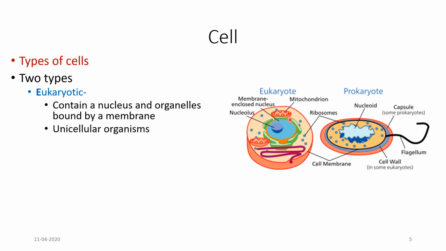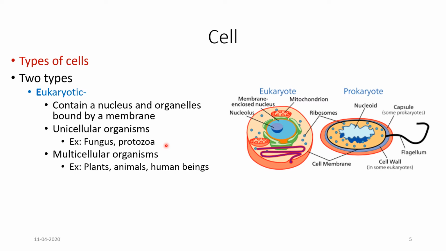The examples for eukaryotic cells can be unicellular organisms, the examples of which are the fungus and protozoa. Then the multicellular organisms that come under the eukaryotic cells are seen in the plants, animals and human beings.